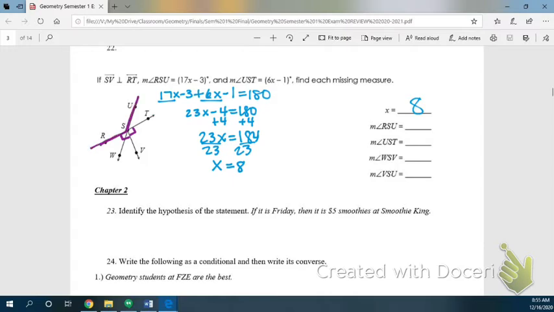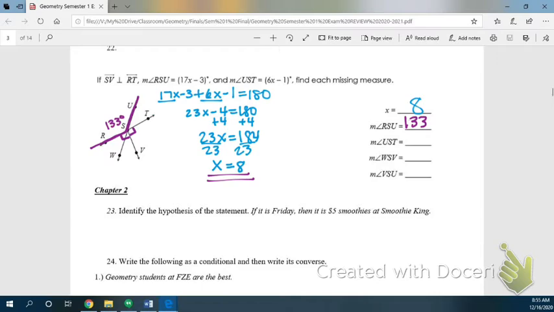They told us before that RSU was 17x minus 3. We now know that x is 8. So you need to plug 8 in the x spot. 17 times 8 minus 3 is 133. So I'm going to erase all this craziness and just put a 133.